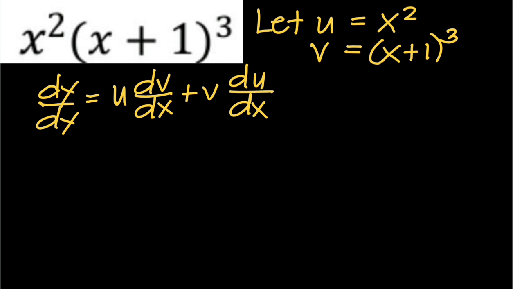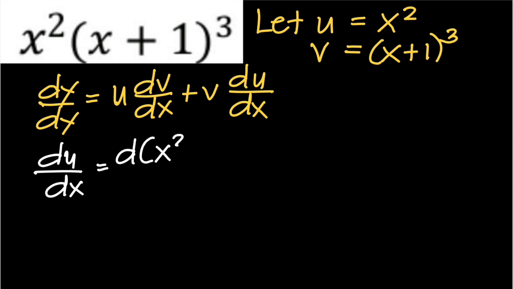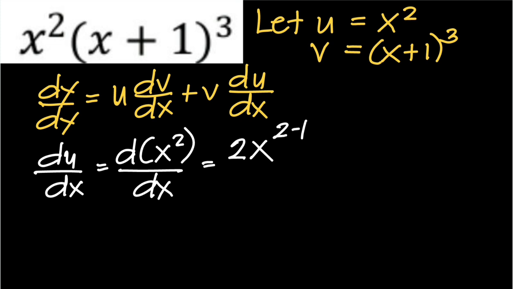So u here is x squared, then du over dx is just equal to the derivative of x squared with respect to x. And for the derivative of x squared, we can use the power rule. So this is just equal to 2x times x to the 2 minus 1, which is simply equal to 2x.